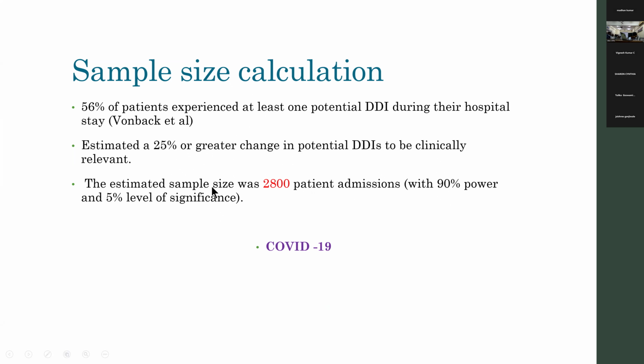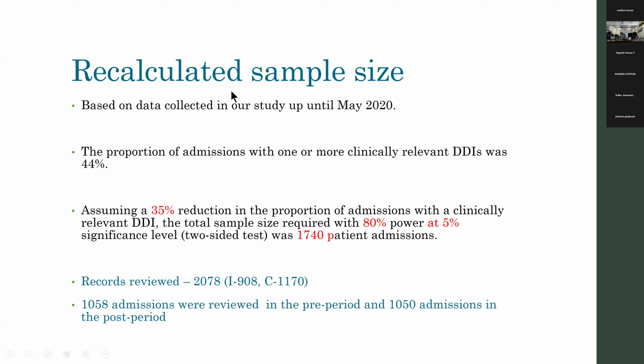But because of COVID-19, they had problems collecting data, so they recalculated the sample size based on the data collected up to May 2020. Until that time, the proportion of admissions with clinically relevant DDIs was around 44%. Assuming a 35% reduction, with 80% power and a 5% two-sided alpha error, the sample size calculated was 1,740.